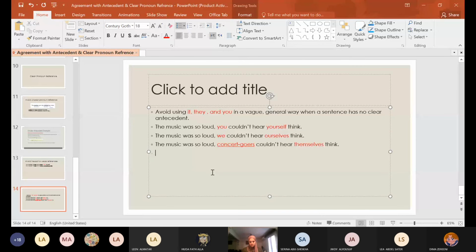Yes, it's correct. So, Ahad? Number 3? Yes, miss. Number 3. We waited outside the actor's dressing room but didn't meet a single one.